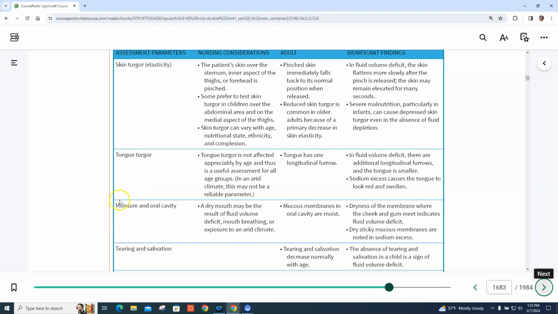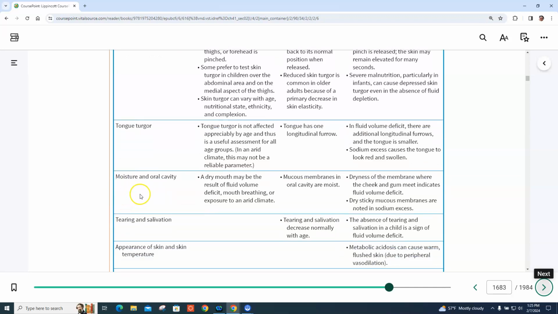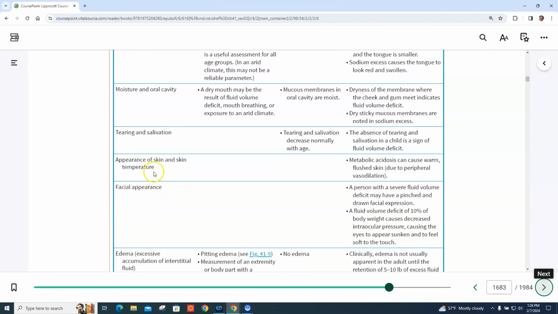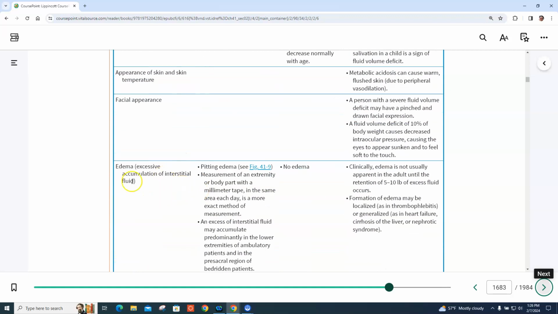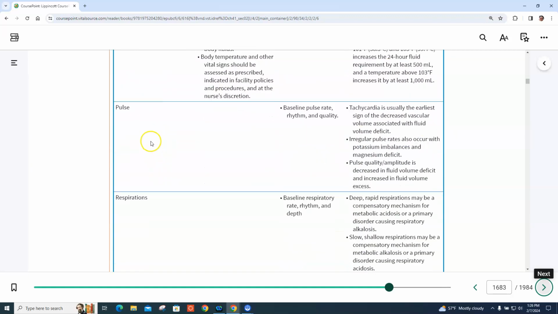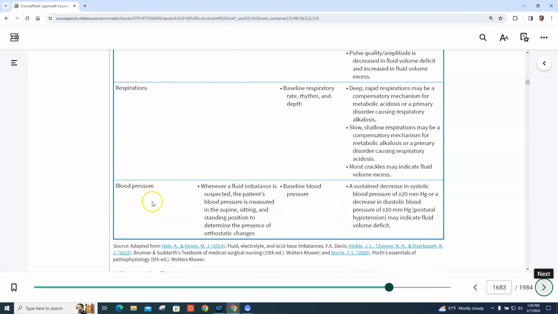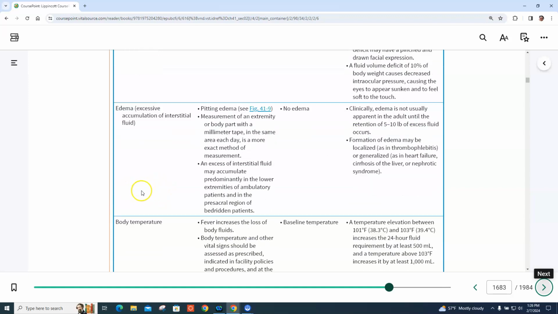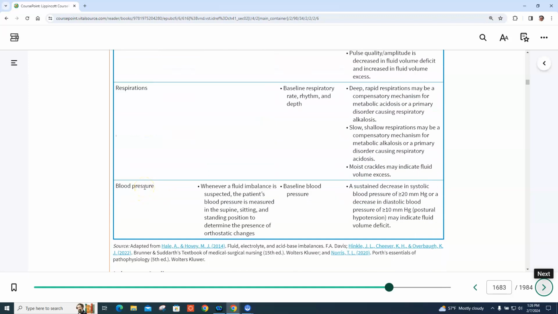The tongue, so dry mucous membrane, so seeing the moisture of the oral cavity. Is the patient able to produce tears? Because if they're not, they're probably super dehydrated. The skin temperature, edema. So these are the different assessment data you can collect on somebody with either a fluid or an electrolyte imbalance.